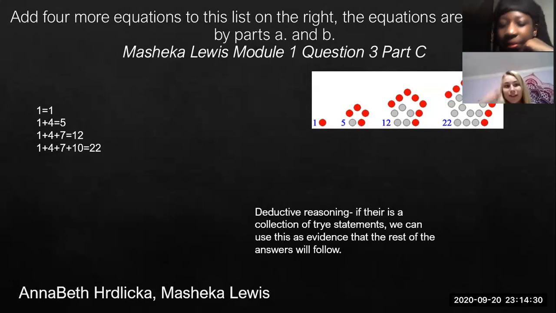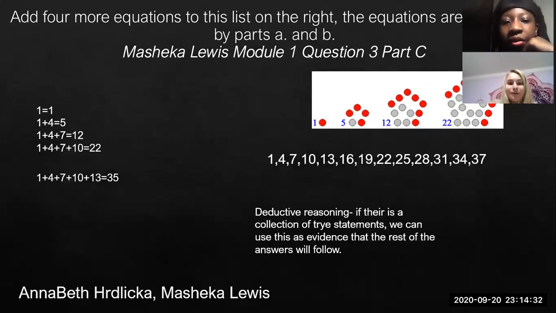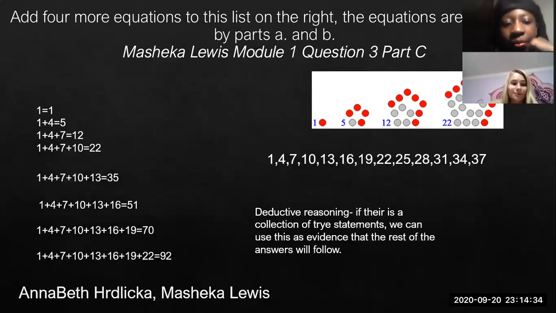As you can see, you just keep adding on those 3 since it is an obvious 3 pattern. We see that by using deductive reasoning and looking at the other patterns from before for the dots. So we look at the terms and add the terms.